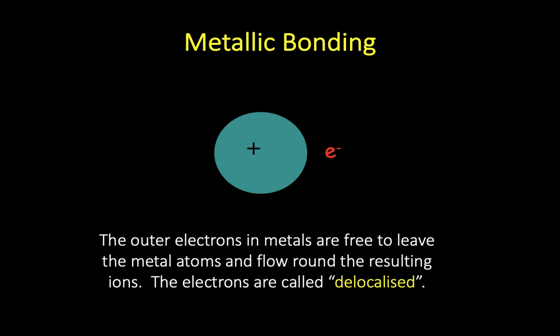So, the outer electrons in a metal, which is these buddies here in red, are free to leave the metal atoms. And when they leave the metal atoms, those metal atoms become positive ions, seen here in blue. These outer electrons, once free to leave, flow around the resulting ions and they are called delocalized.